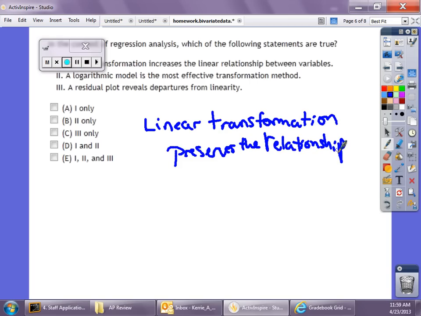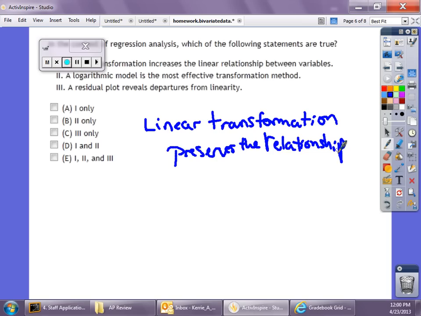Now other models for transformation are appropriate depending on the data themselves. If your data takes on a logarithmic function, then it's appropriate to use a logarithmic model to transform your data. If your data takes on a power type function, then it's not appropriate to use a logarithmic model.